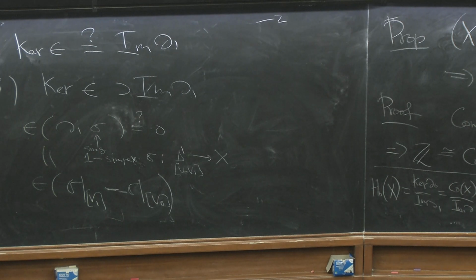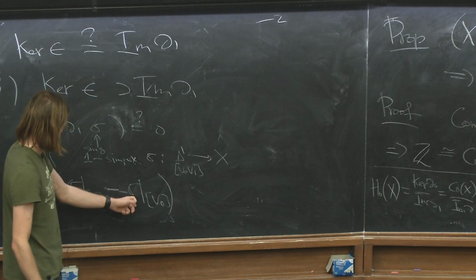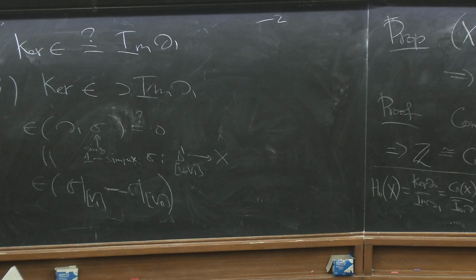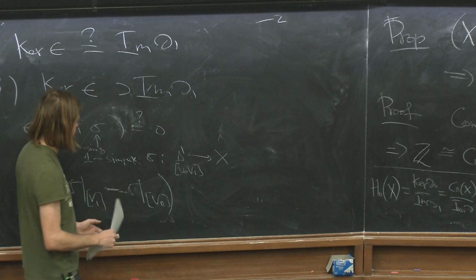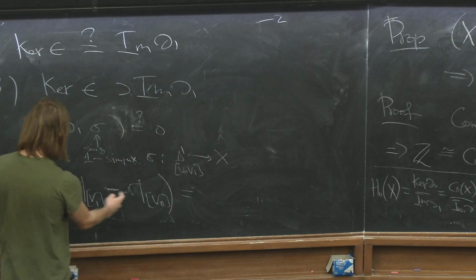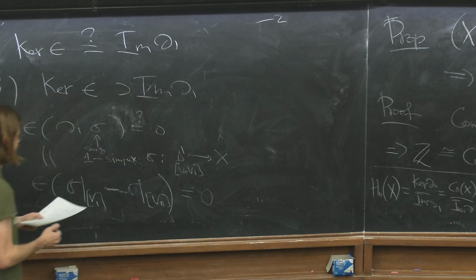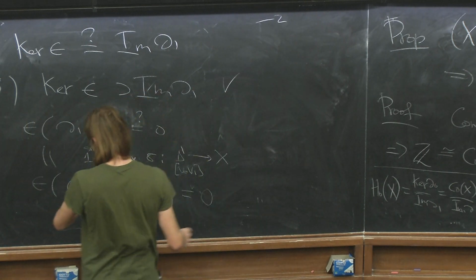And well, these guys are now singular 0 simplices, and they come with coefficients +1 here and -1 here. So by definition, epsilon takes the sum of these coefficients and gives us 0. Okay. So this is the inclusion we checked.